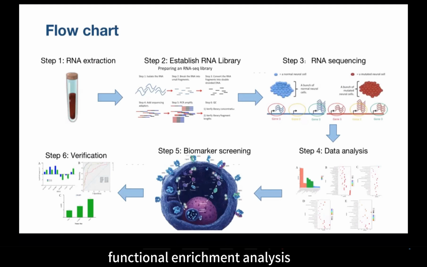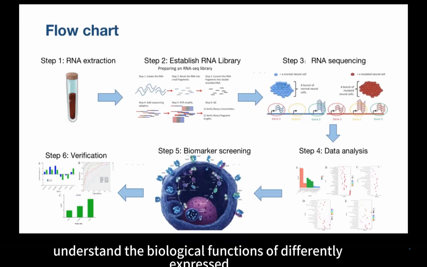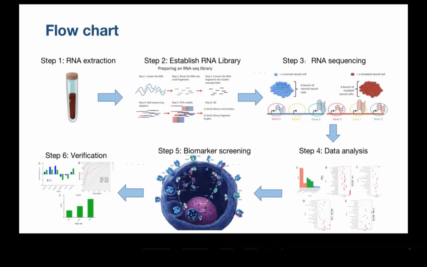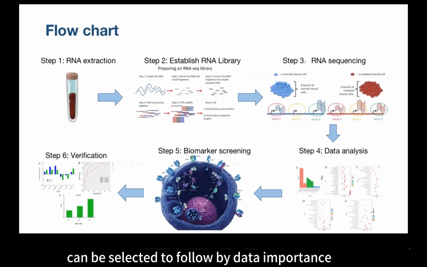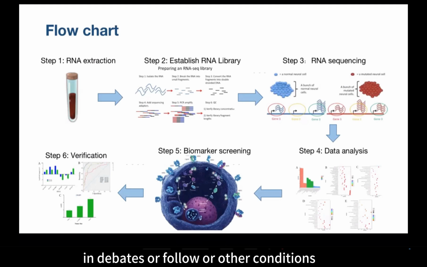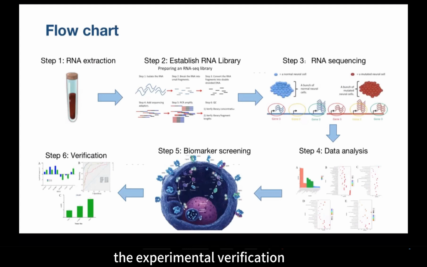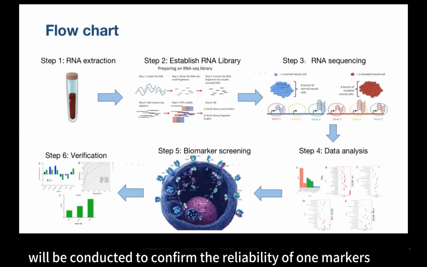Functional enrichment analysis helps to understand the biological functions of differentially expressed genes. Based on the results of differential expression analysis, screen for possible biomarkers. Genes with significant differential expression can be selected to further validate their importance in disease or other conditions. Further experimental verification will be conducted to confirm the reliability of biomarkers.